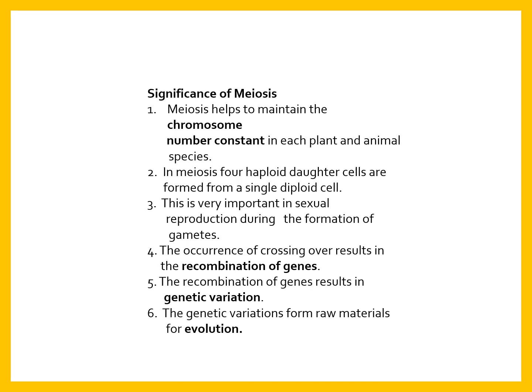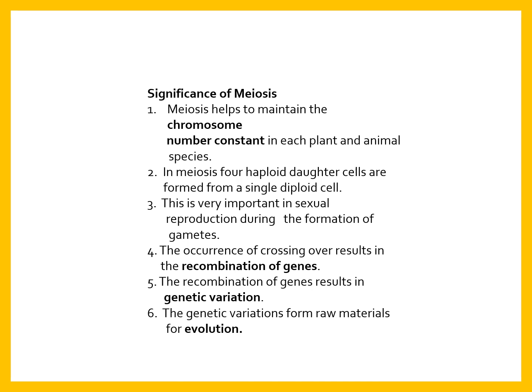I hope you understand. Then in the telophase stage, there is reappearance of the nucleolus and nuclear membrane. Then it undergoes the second meiotic division, which is similar to mitotic division.